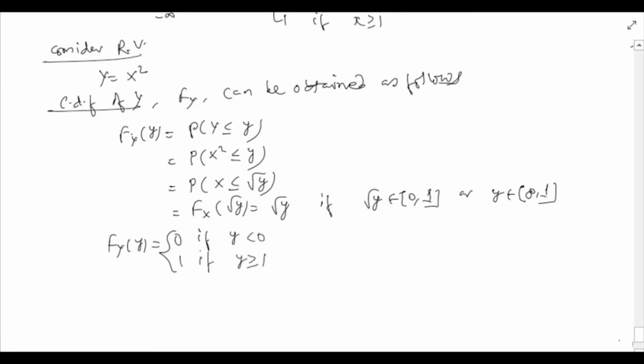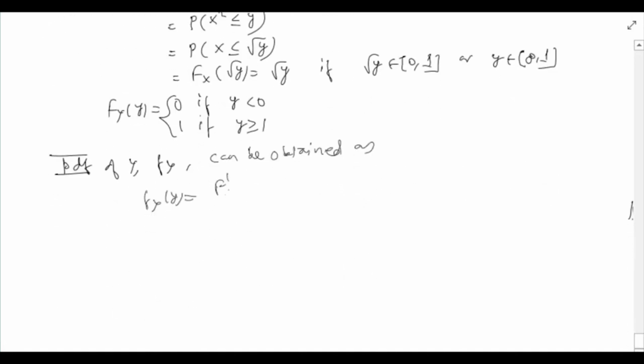From the CDF of Y we can obtain its PDF by differentiation. So the PDF of Y, let's say small f_Y, can be obtained as follows. f_Y(y) is the derivative of capital F_Y(y), and this turns out to be equal to 1 over 2 root y if y is in 0, 1.